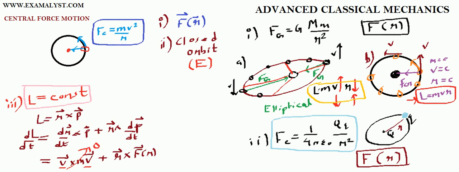Now, I will prove that the second term also goes to 0, and finally the rate of change of total angular momentum with respect to time is 0. It means the angular momentum does not change with time. But how can I say the second term is 0? The second term is vector r cross this central force Fr. What is the nature of this central force?